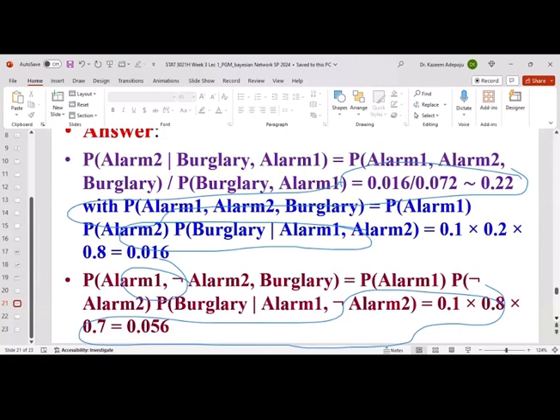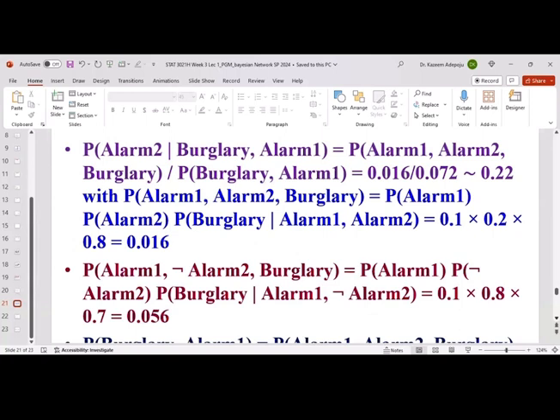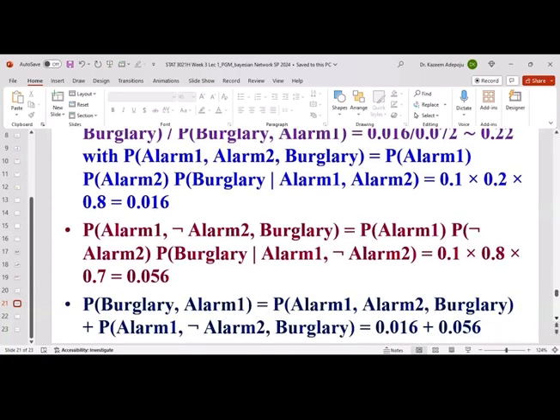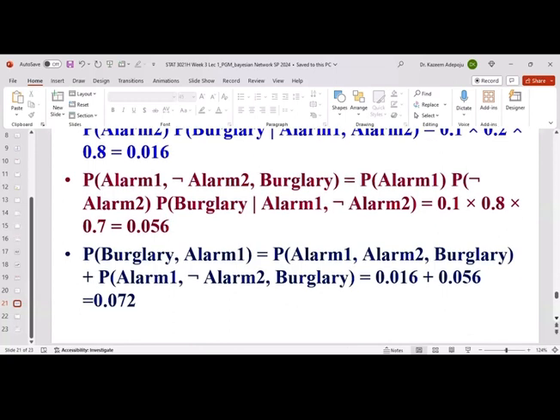Now, why do you think I got the first one and the second one? Because don't forget, this one here is the denominator to what we want to find. I'm going to show you now.